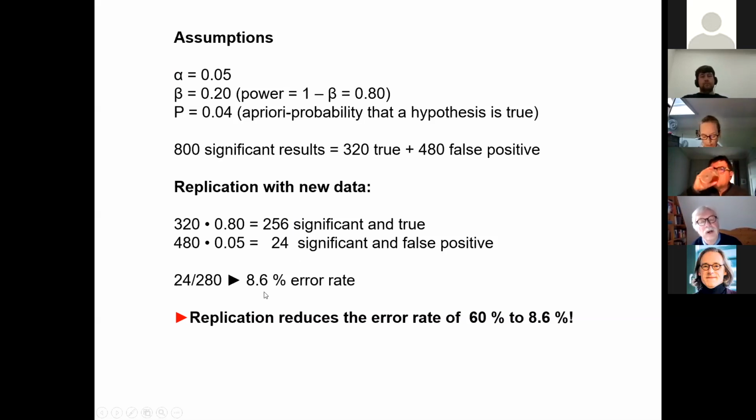So we now have an error rate of 8.6%. Replication reduces the error rate from 60% before to 8.6% afterwards.